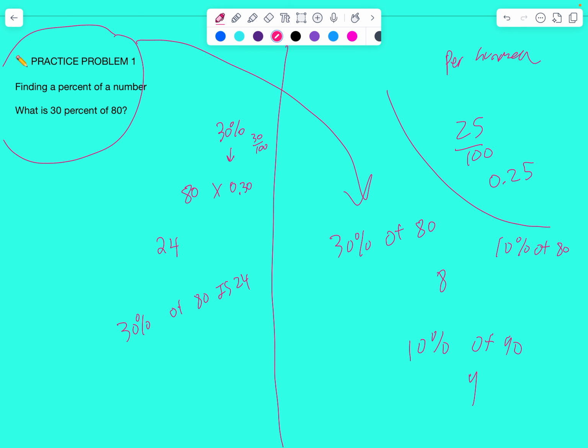That'd be 9, right? So here's the deal. If 10% of 80 is 8, another 10% would be 16. Another 10% would be 24. Just add 8, right? That's one way to do it. And that's the other way of doing it.